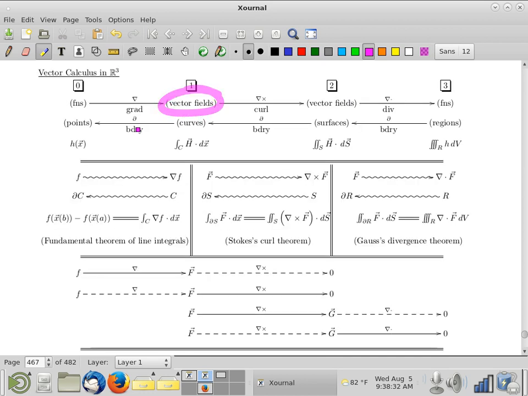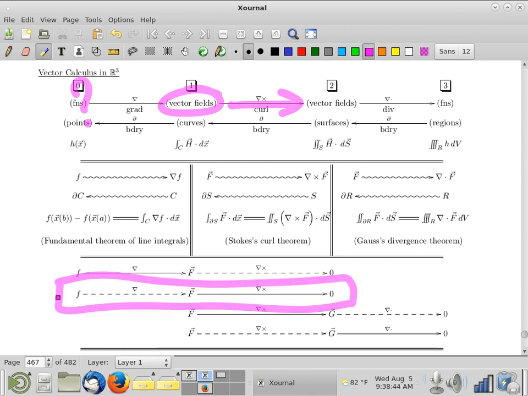Given a vector field, if you want to decide, is there an anti-gradient, take the curl. Because if the curl is 0, then yes, there is an anti-gradient. That's what this lifetime theorem down here tells you. Does that make sense to everybody?